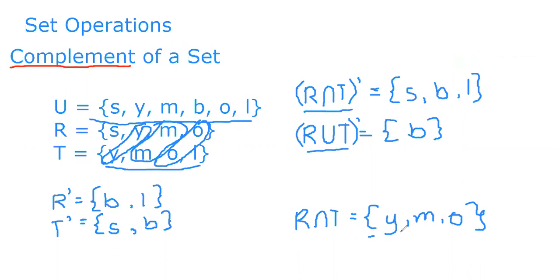Wala kasi si SBL sa elements ng YMO, which is our R intersect T. So that will be our R intersect T complement, SBL. So if your answer is SBL, your answer is correct. So ito yung mga sagot dapat natin makikita. Okay? I think ang daming nalilito.